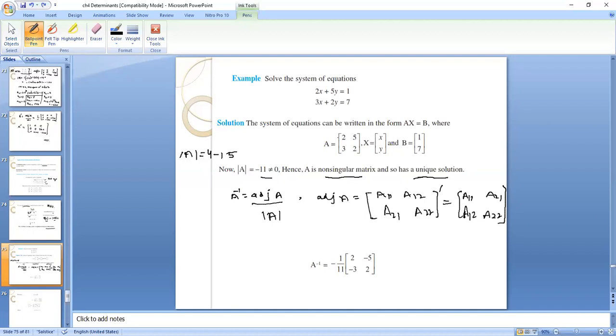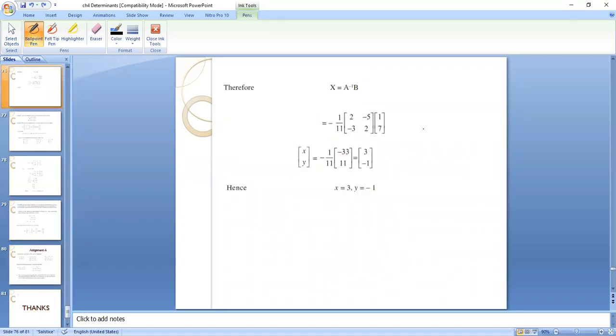Then for this element it will be minus 3, I'll be writing here. Then for this element it will be plus 2. So after writing all the cofactors, I'll be having A inverse, which is minus 1 upon 11, matrix 2, minus 5, minus 3, 2. Now the first important task, which is to find A inverse, is done.